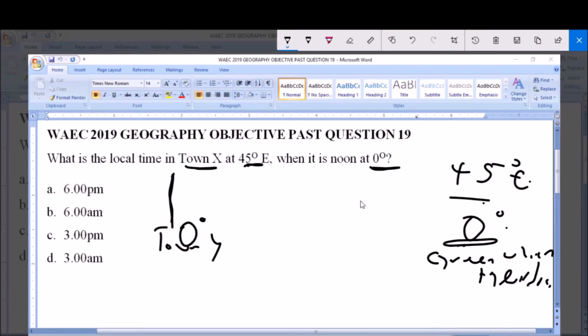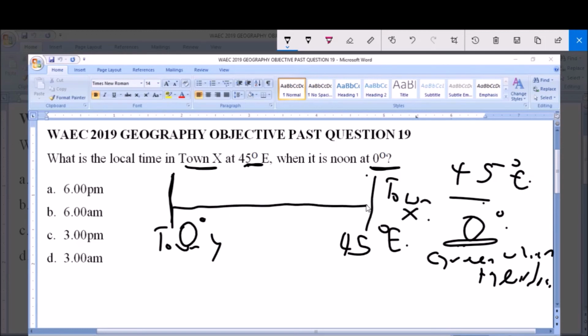Now, the second town is located 45 degrees east. So let's assume this is 45 degrees east longitude, and this is where town X is located. So you have a time difference between longitude 0 degrees and town X, which is longitude 45 degrees east.